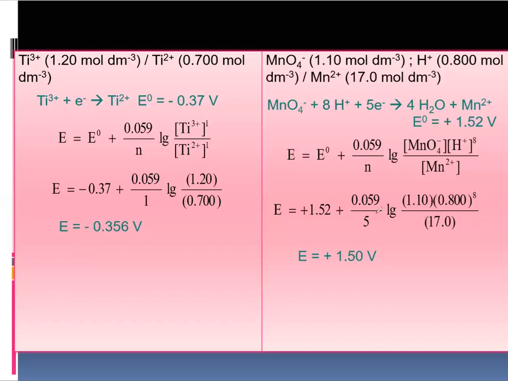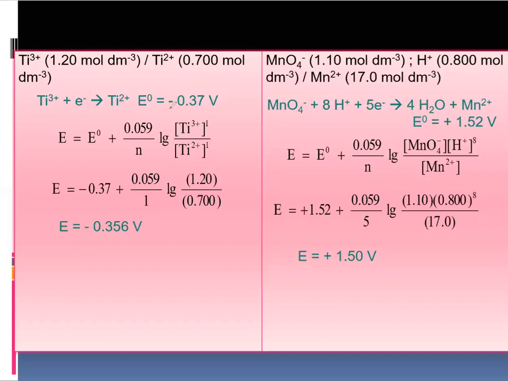After getting the log, you multiply that value by 0.059 divided by 5, and then you sum it with 1.52. You will definitely have a positive value again, which is going to be 1.50.